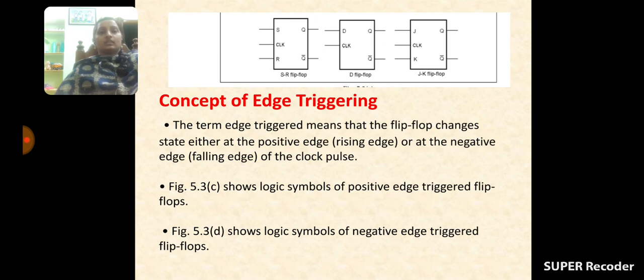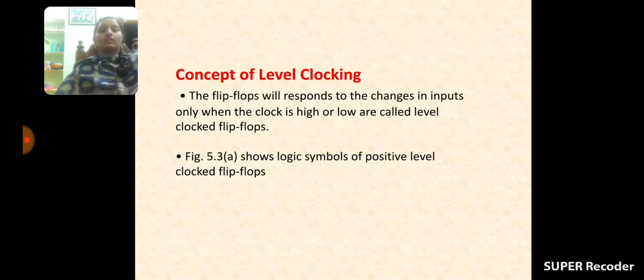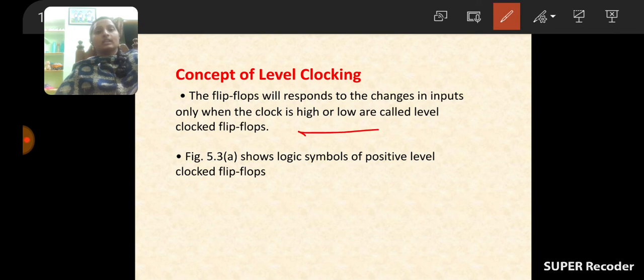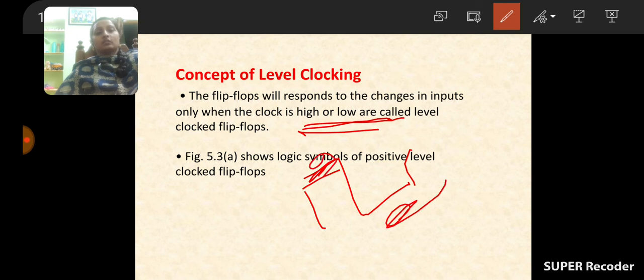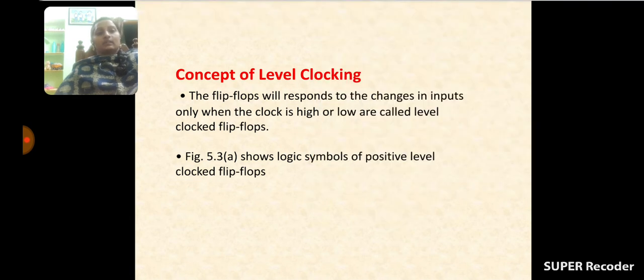And see here, while coming to the level clocking, the output must be changed at either high or low. Already I told you, either high level or low level, like this. Either here or here, the output is changed respective of the inputs, then that is called level clocking.